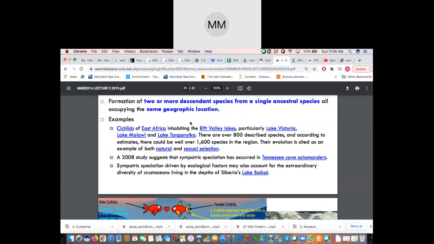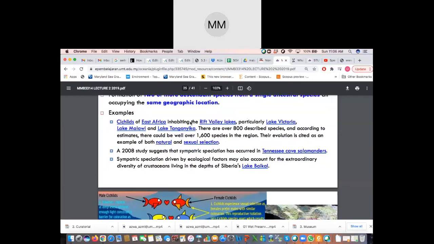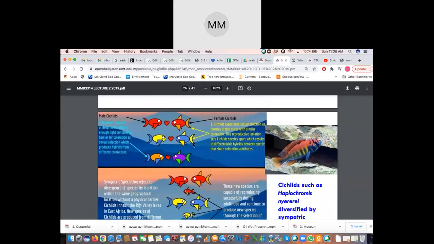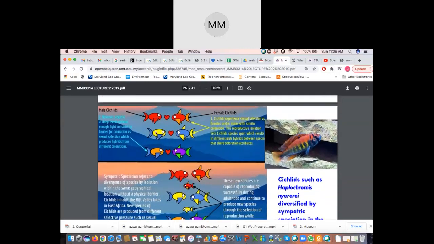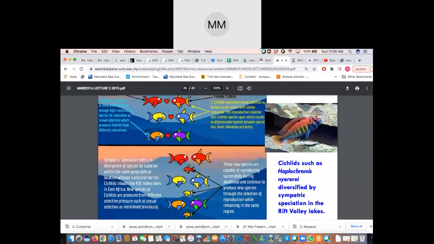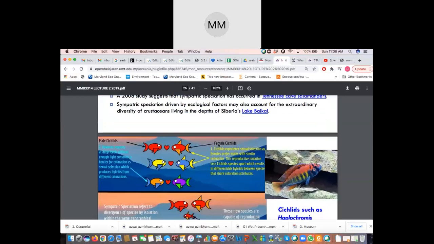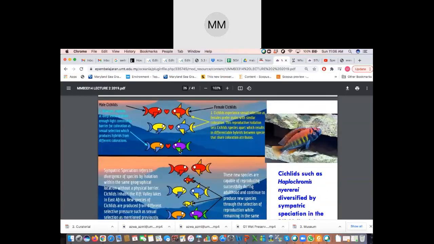More often than not, the speciation comes from smaller species of organisms, not bigger ones. Notice that the examples given here are lakes and caves. So anything fairly small has the potential of forming different species. What causes the differences, what causes that geographical difference within the area? Sometimes it can be just sunlight.